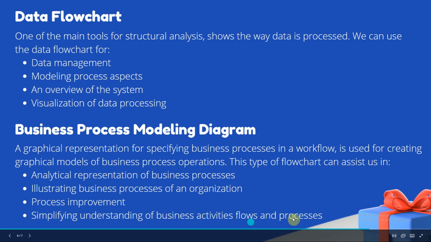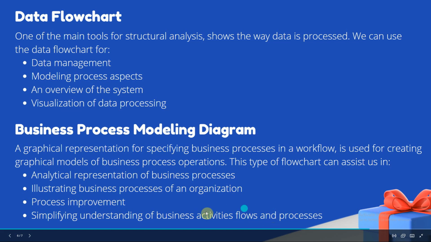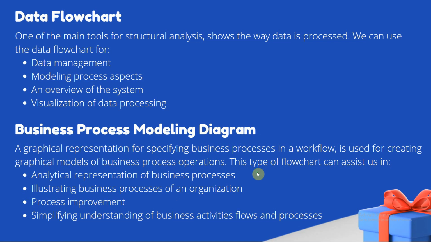The same goes for accounting, for example budgets: how much income comes in, and then how it is converted or processed, used for salaries, for maintenance of equipment, etc. So this can also be represented by this type of flowchart, our business process modeling diagram.